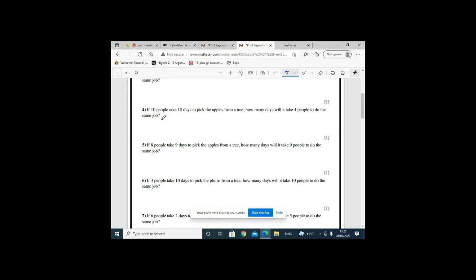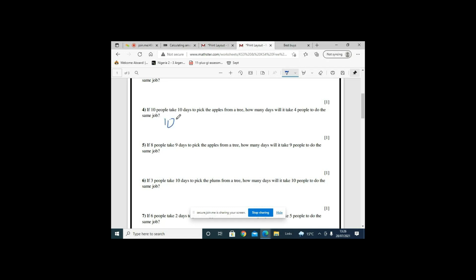If one person takes 7 days to do a job, it will take 7 people 1 day to pick it. So you divide 7 by 7, which is 1. Now, if 10 people take 10 days to pick apples from a tree, how long will one person take to do it?